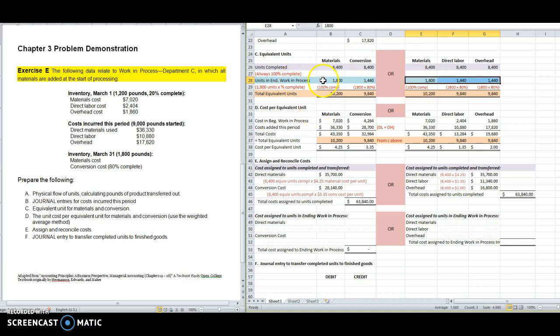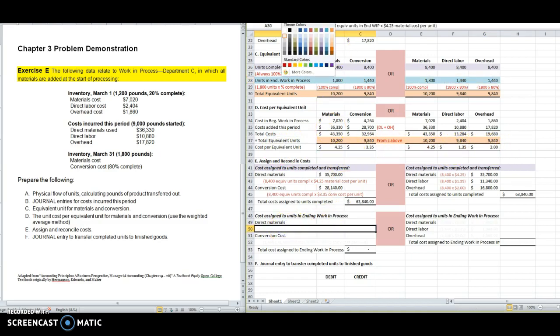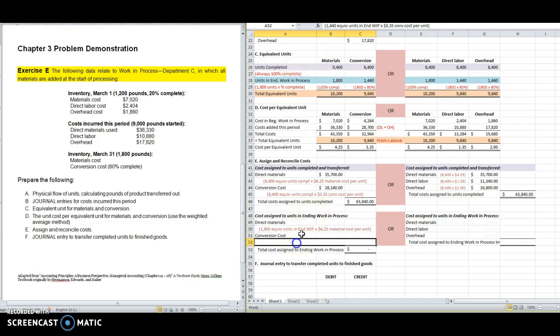We're going to use our equivalent units here, and we're going to multiply it by the cost per equivalent unit we calculated in Part D. So we'll take the 1,800 units times the cost per equivalent unit for direct materials, and for conversion we had 1,440 units times the cost of $3.35 per unit.